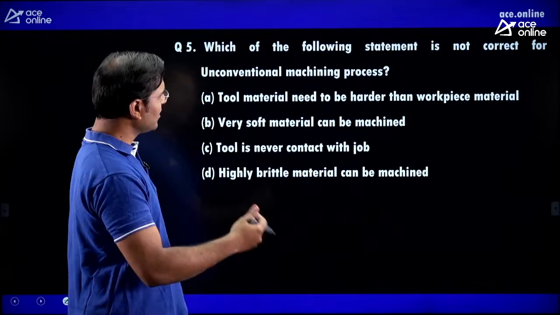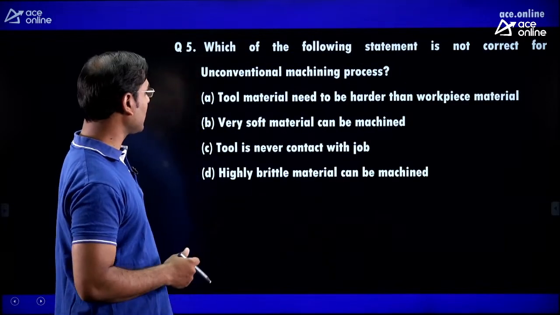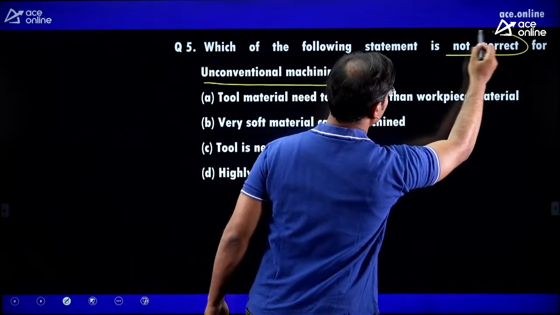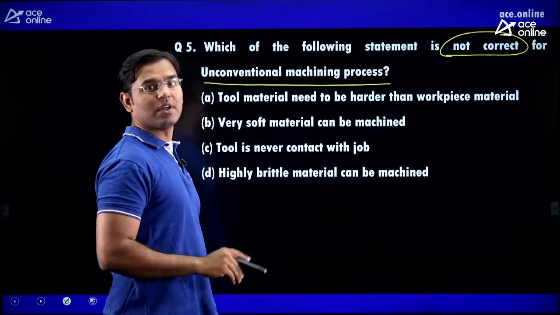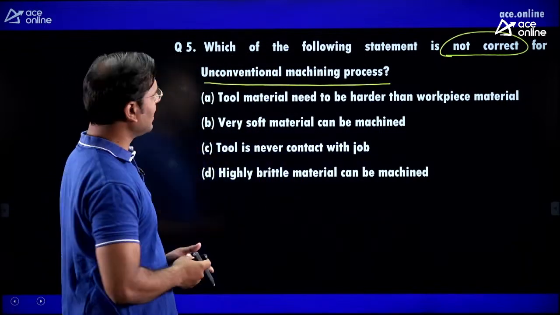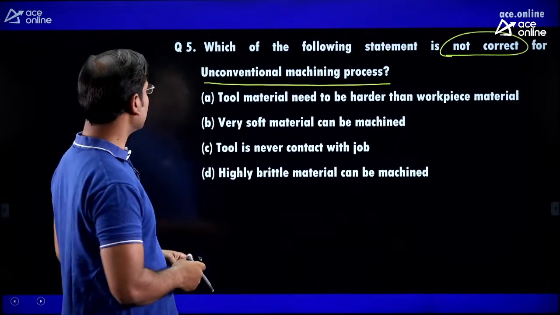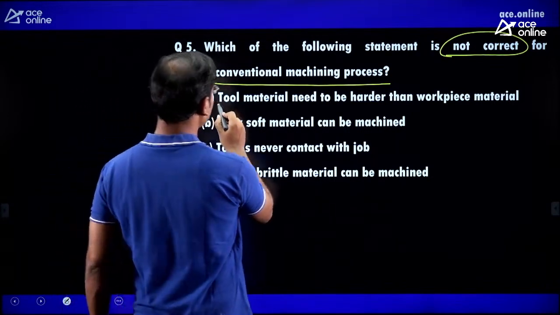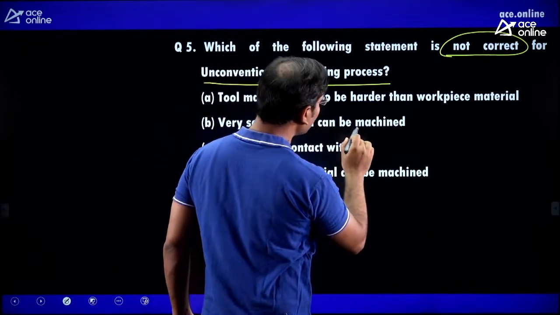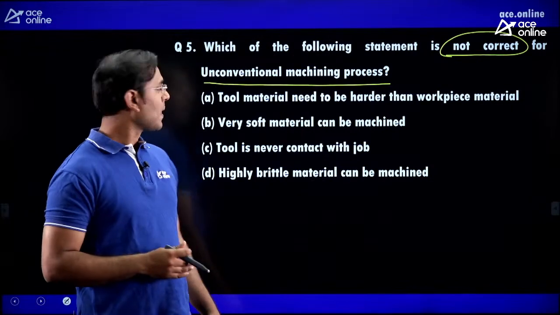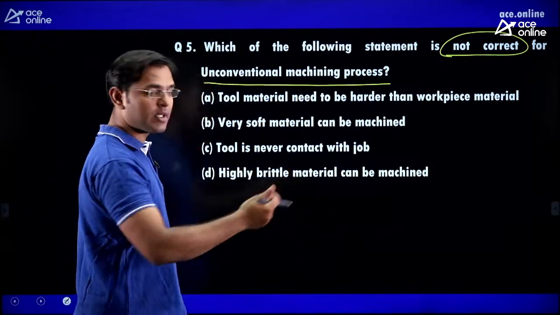Next question. Which of the following statements is not correct for the unconventional machining process? Not correct, not correct. You need to focus on that word. You need to read the question carefully. Not correct means you will look for the incorrect sentence. The first statement: tool material needs to be harder than workpiece material?